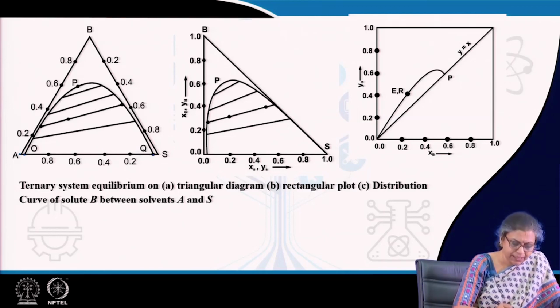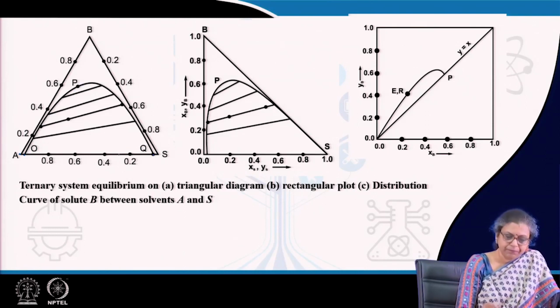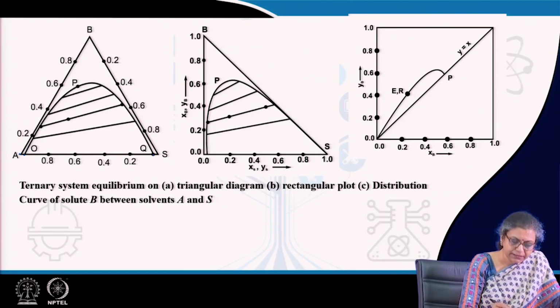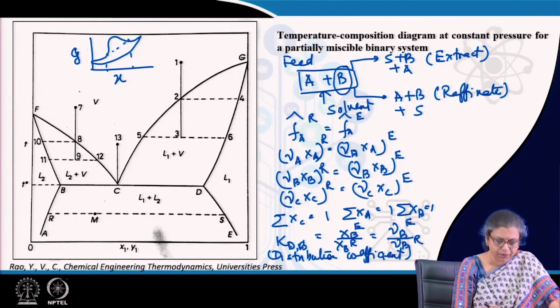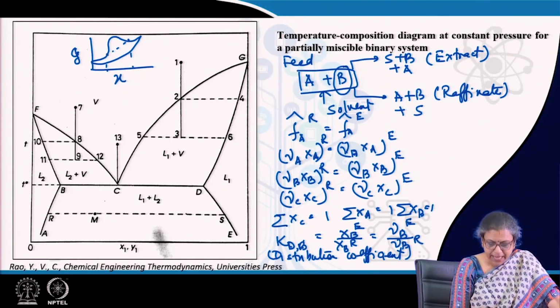Now, we find that this corresponds to the solution of S in A, and this corresponds to the solution of A in S. Just like I had shown in the previous figure, in the same way there is a range where A and S are immiscible.